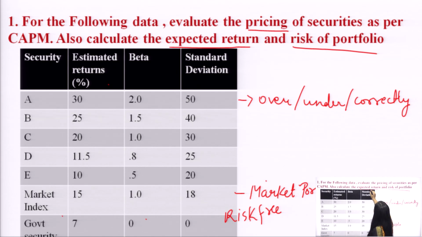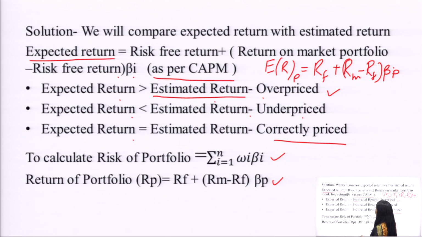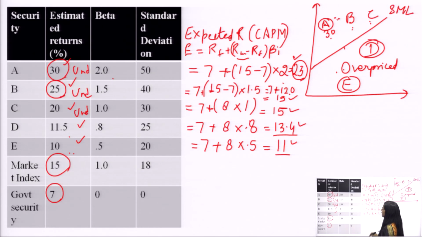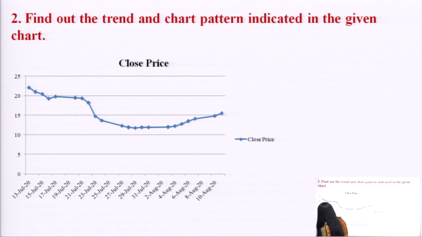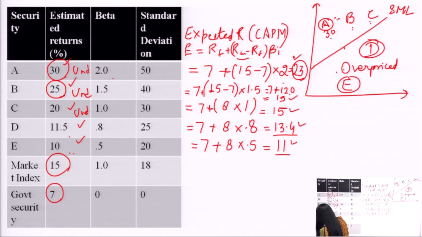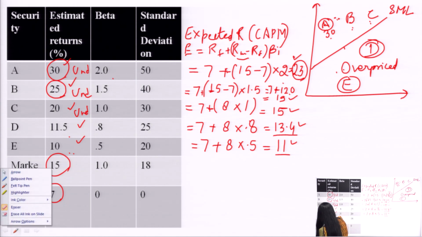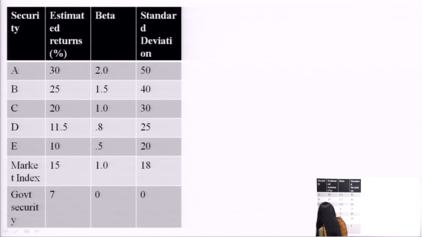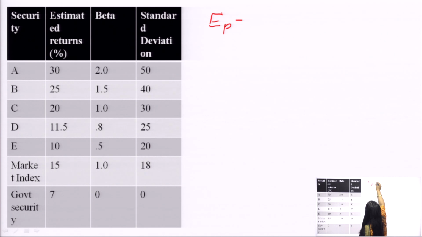The second part was what is the expected return of the portfolio and the risk of the portfolio. So, here we would be using these two formulas. So, now I have to calculate the expected return of the portfolio.